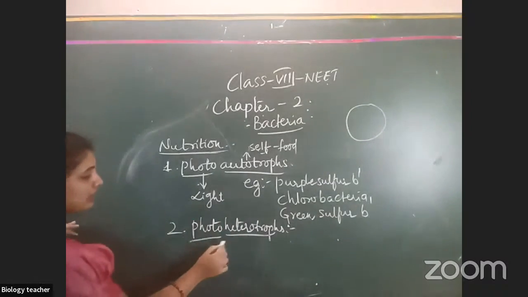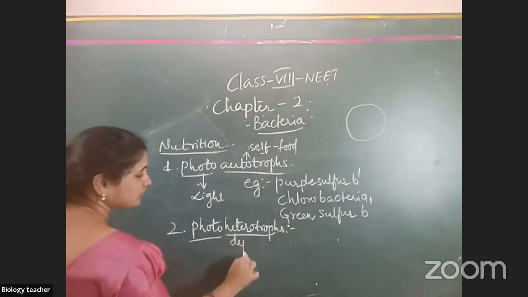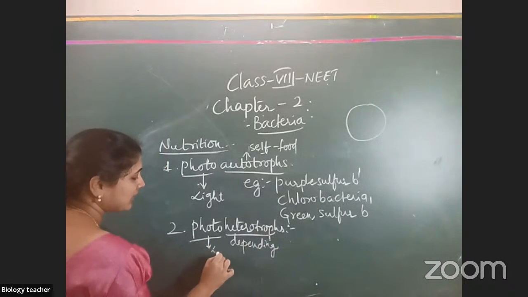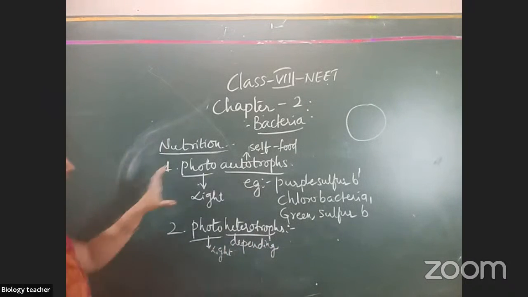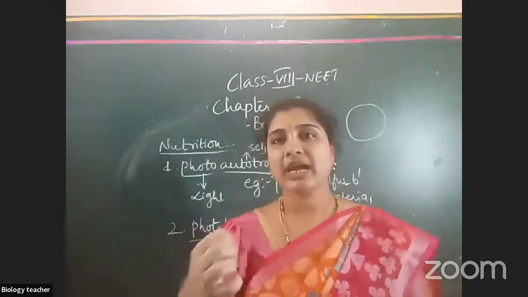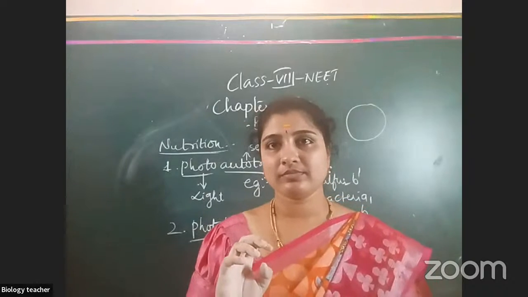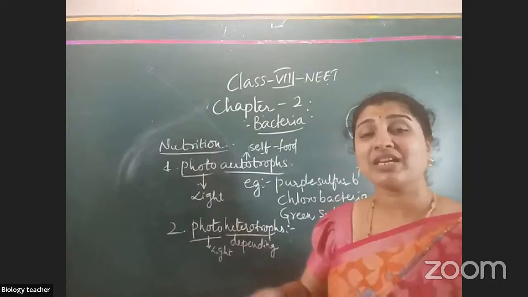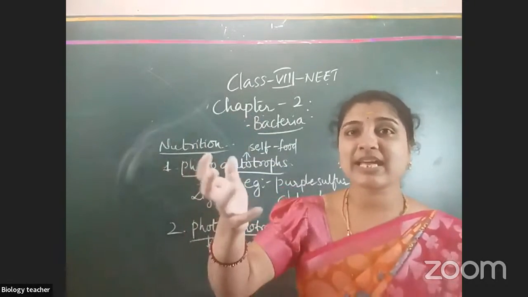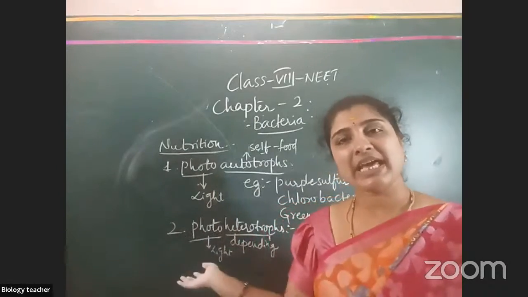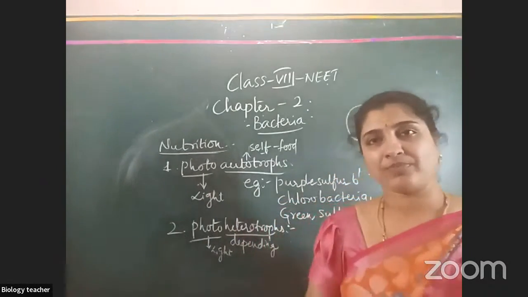Heterotrophs means depending. Photo means light. This group of bacteria, the photoautotrophs, are trapping solar energy and producing food. But the photoheterotrophs depend on solar energy directly. They won't change energy to food; they directly take energy.